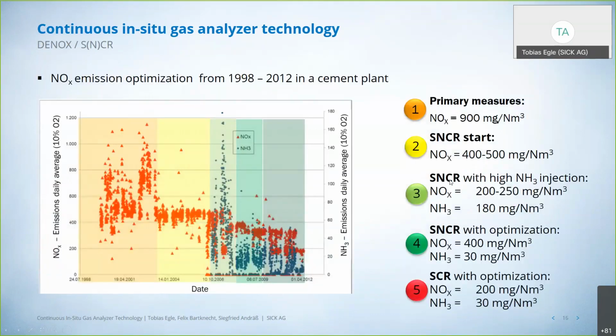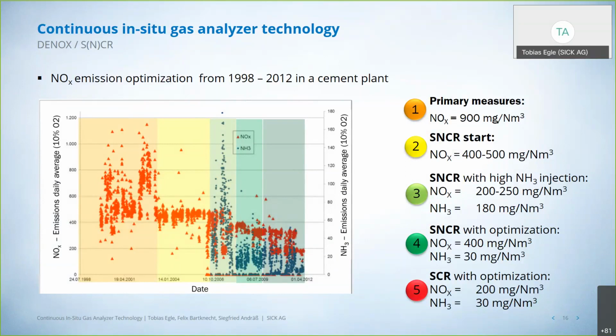In the next slide, we will see a pioneer plant from Germany, which did over the last 14 years NOx reduction to achieve the targets which the German government released on 1st of January 2019, very early.